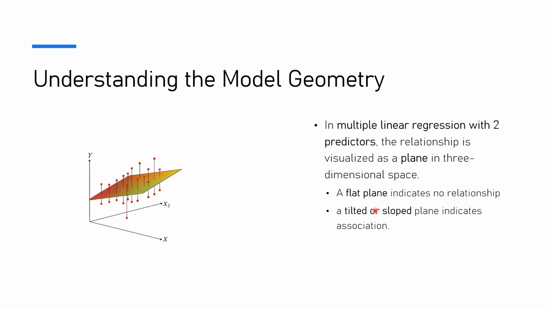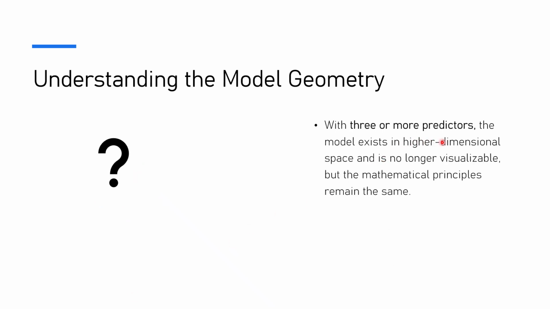A flat plane indicates no relationship, but a tilted or sloped plane indicates there is an association. With three or more predictors, the model exists in a higher dimensional space and is no longer visualizable. However, the mathematical principles remain the same.